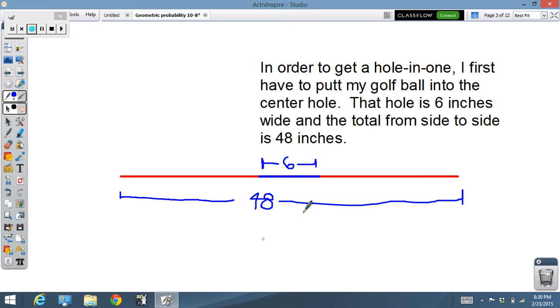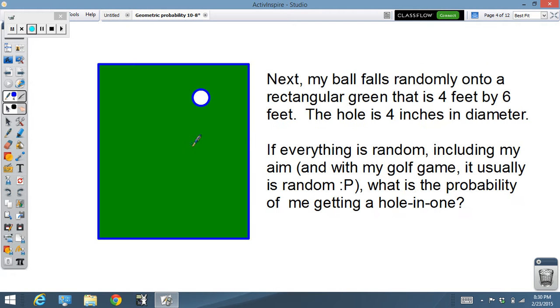We're going to have to hit that first, and then again assume that once we hit that, we're going to pop onto a green that's 4 foot by 6 foot and has a little hole right here with a 2-inch radius, 4-inch diameter. Get the ball in the hole.